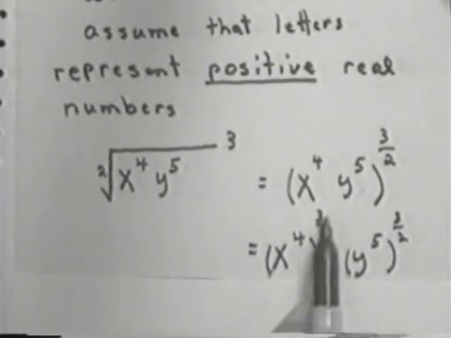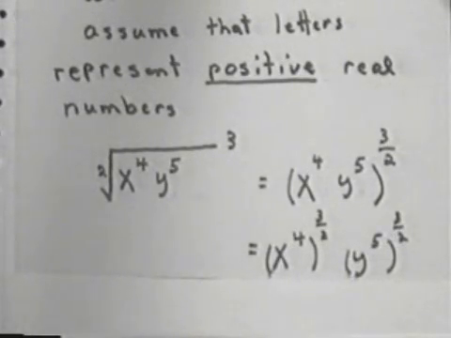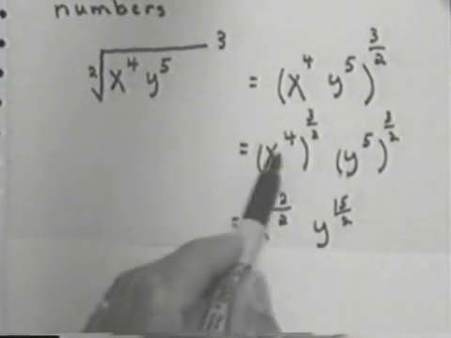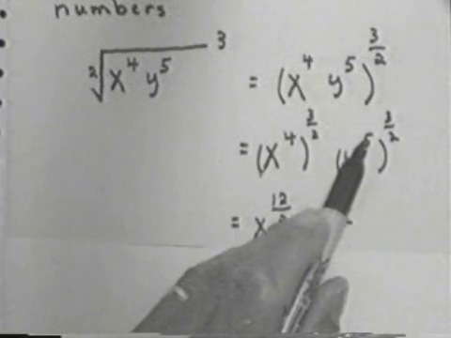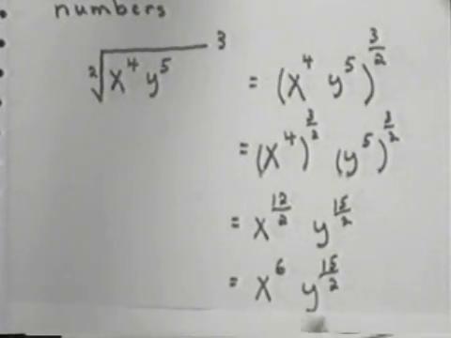So we have x to the 4th to the 3/2, y to the 5th to the 3/2. To raise a power to a power, I keep the base and multiply the exponents. So I get x to the 12 halves, y to the 15 halves. 4 times 3 is 12 over 2, 5 times 3 is 15 over 2, which gives me x to the 6th, y to the 15 halves.